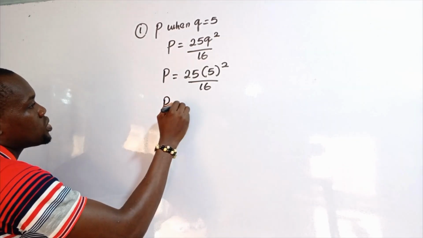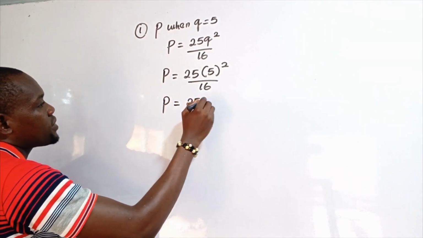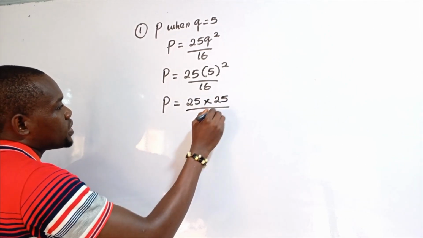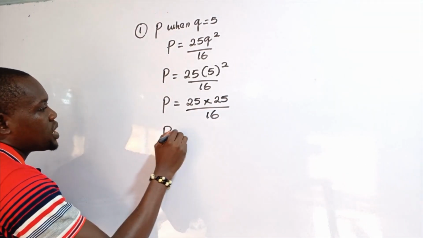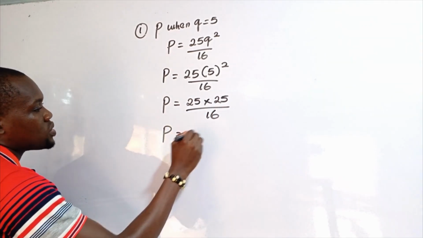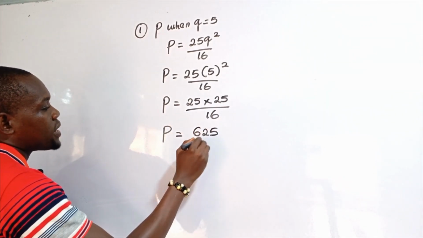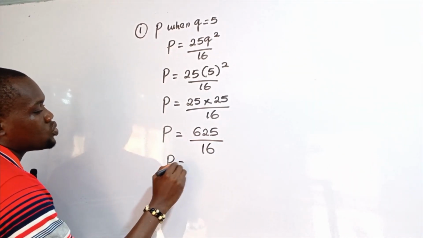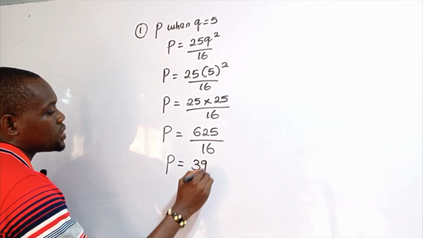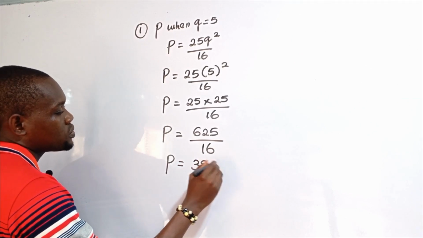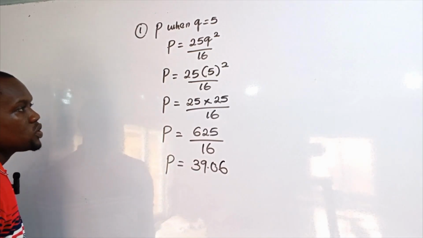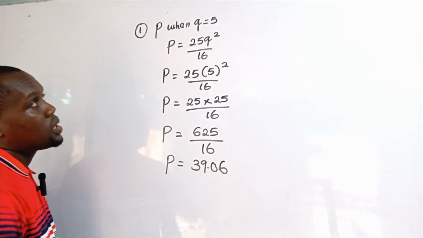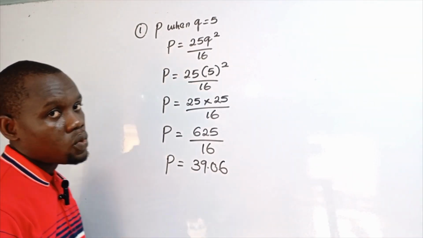This is the same thing as saying 25, then 5 squared is another 25, over 16. Then we have P is equal to 25 times 25 is 625. Then if we divide 625 by 16, we should be having 39.06. So this is the value for P when Q is equal to 5.